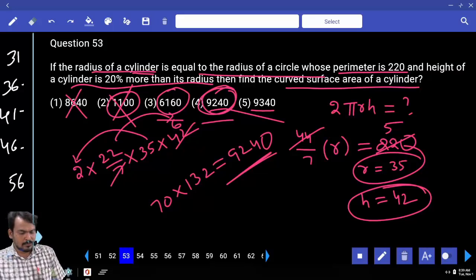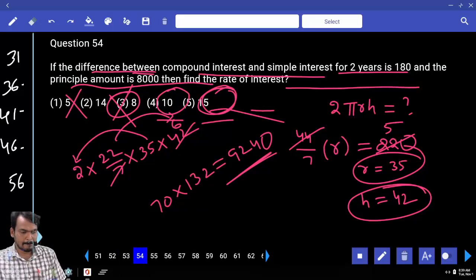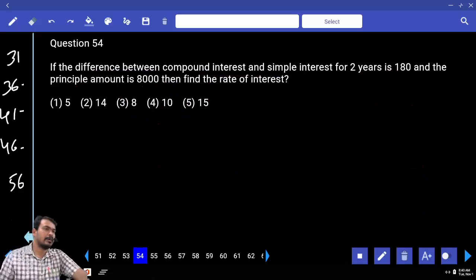Next question number 54. The difference between the compound interest and simple interest for 2 years is 180 rupees. The principal amount is 8,000. Find the rate of interest earned. Okay. First we need to identify what percent of 8,000 is 180, or what is the difference in 2 years concept?